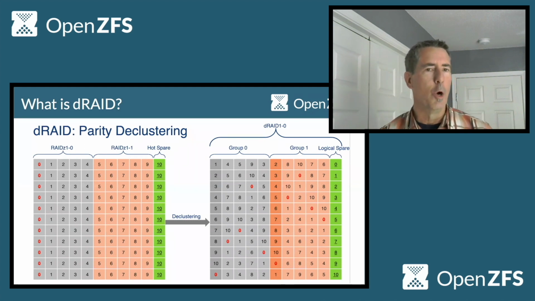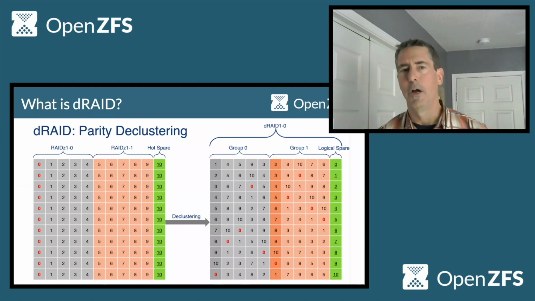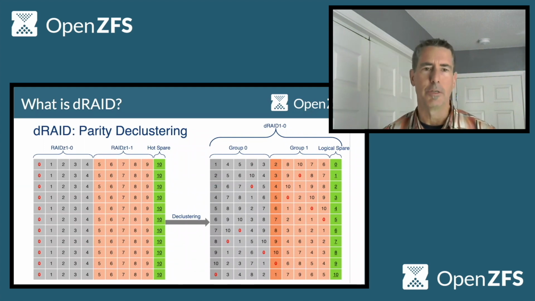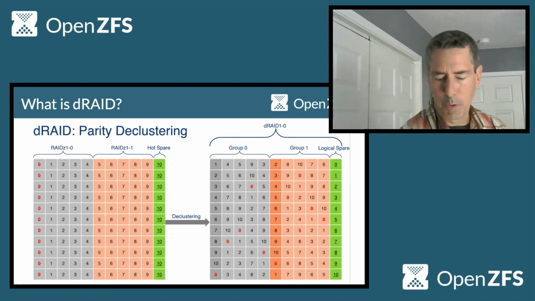Each row is permuted from a traditional layout across drives on the left in RAID-Z to a semi-random layout on the right, based off of a computed permutation that allows us to get a relatively random layout of our data across the entire pool. So why is that important?